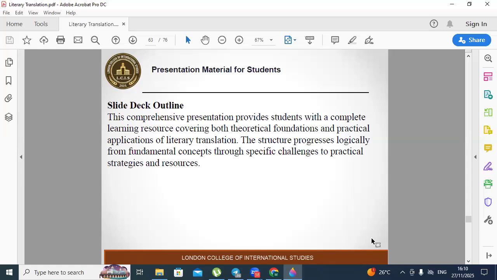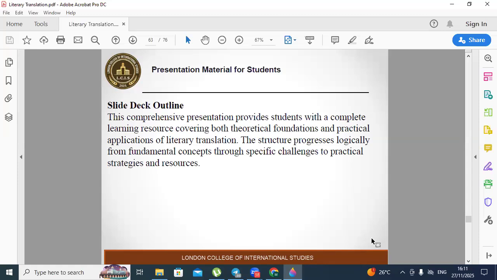The structure progresses logically from fundamental concepts through specific challenges to practical strategies and resources. This isn't just information delivery, it's a carefully designed learning experience that builds from foundations to advanced applications.